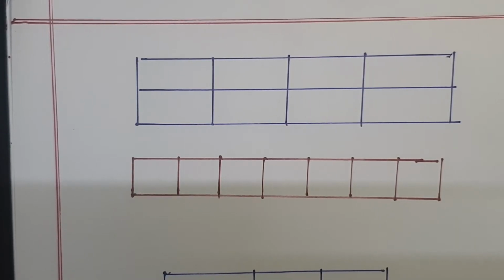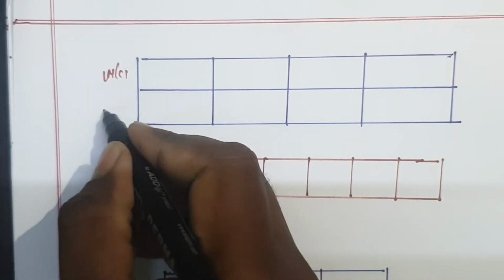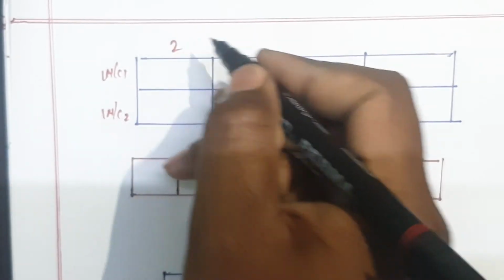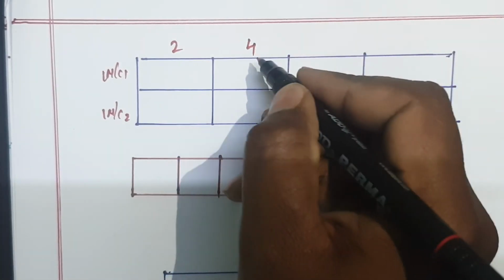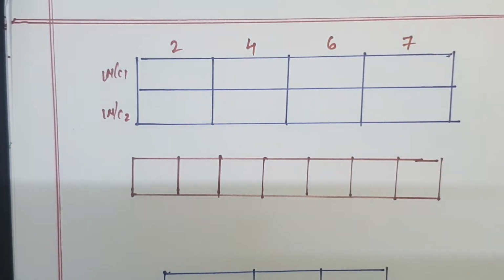After getting this V3, next step here you have to write WC1 and WC2 and the leftover terms: 2, 4, 6 and 7. Whatever the leftover frequency is there, first you have to write down.